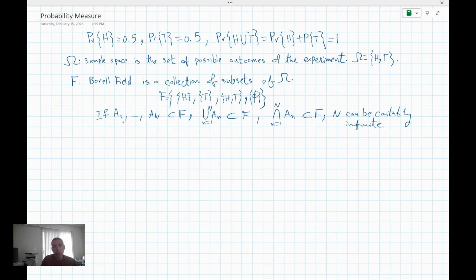We could map them to the natural numbers, and if they are all in the field, then their union and intersection must also be in the field.